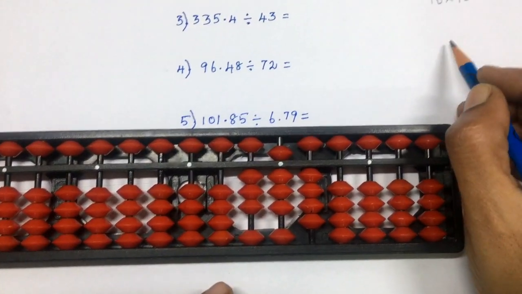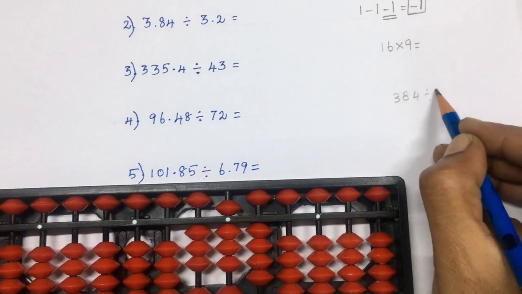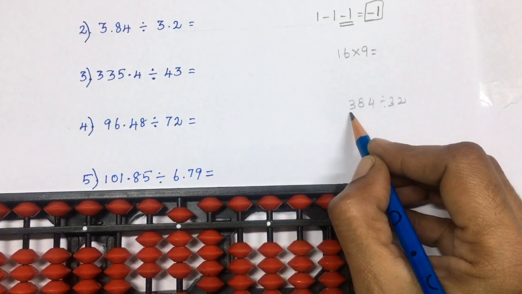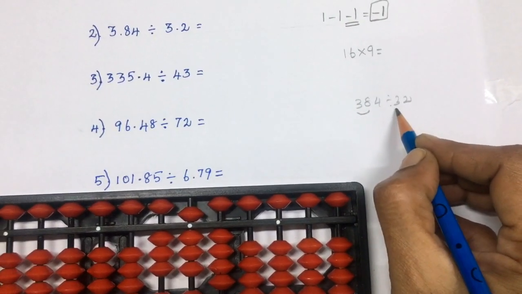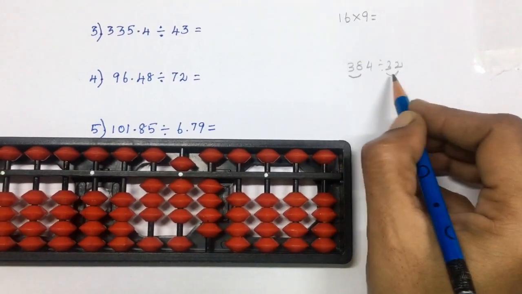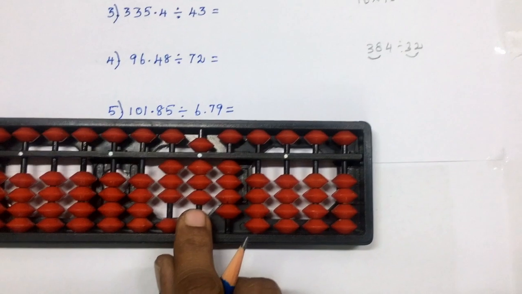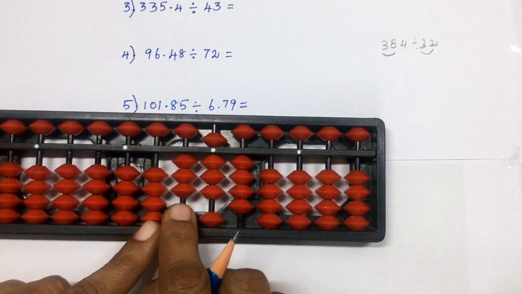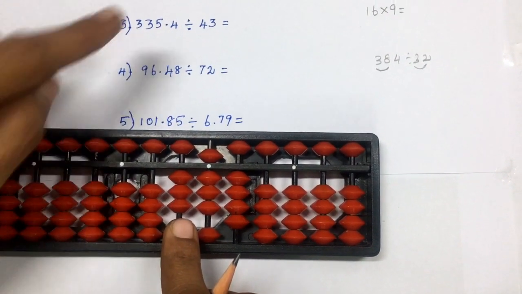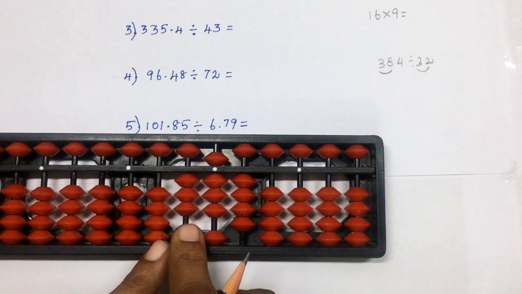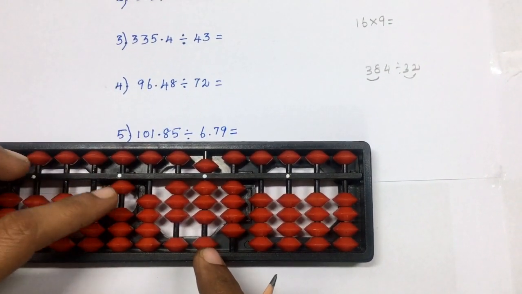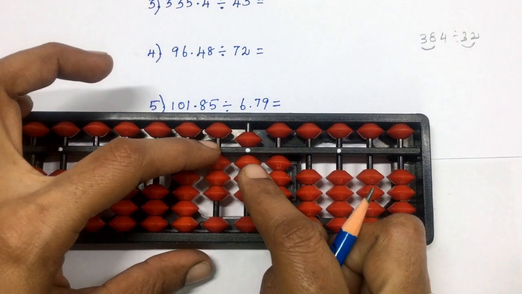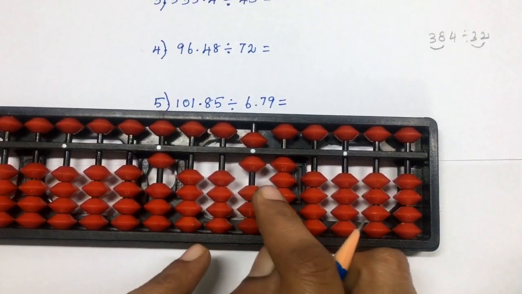So now 384 divided by 32 we are going to try. We can divide 38 by 32 first. So obviously one time. From here, jump 2 rods because the divisor is 2 digit. Set 1 here, minus 32 here.